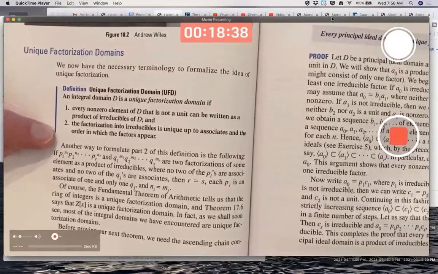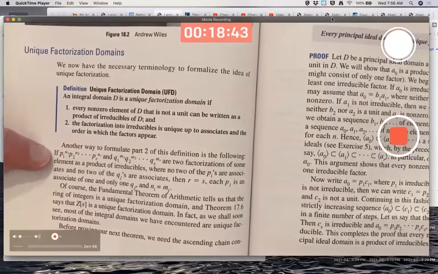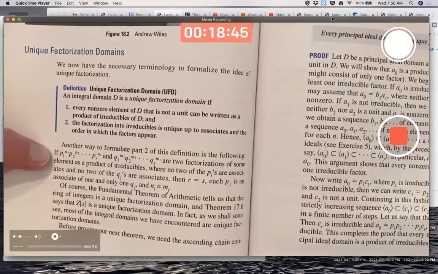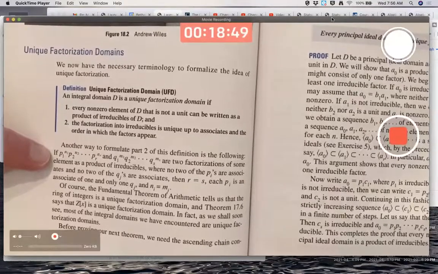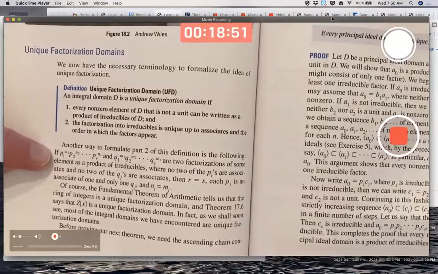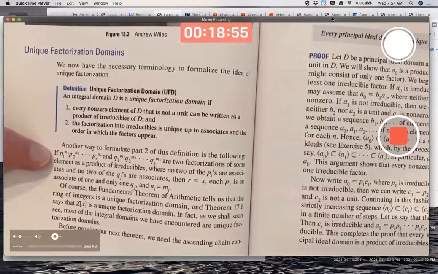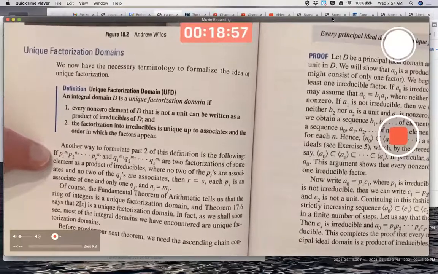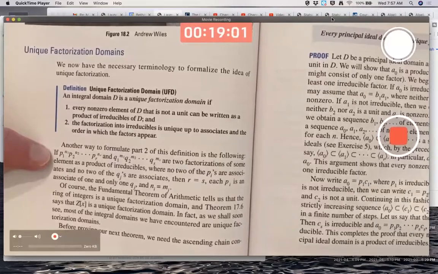For example, 7 is a prime and -7 is a prime, but 7 and -7 are what are called associates. 7 is -1 times -7, where -1 is a unit. That's in the definition of associates, which I didn't talk about here.